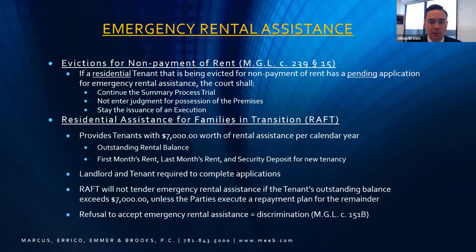Proof that the tenancy was terminated, so you send them the notice to quit. And ultimately, what they want to know is the outstanding rental balance. So property managers and landlords need to have a rental ledger they can send to RAFT, so that they confirm this tenant is entitled to rental assistance, and they know what that outstanding balance is at the end of the day.